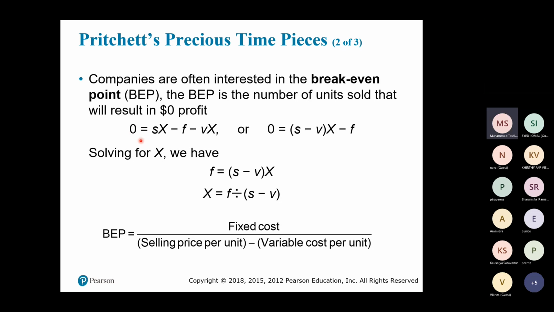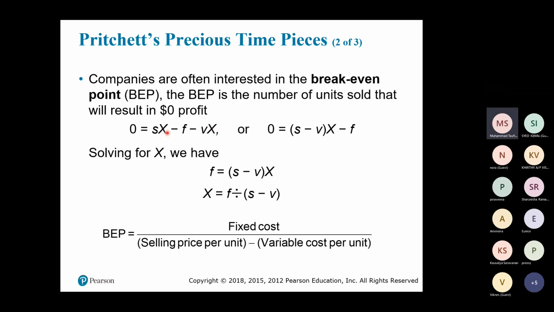So how do you represent this? You can use this equation: 0 = Sx - F - Vx, because now the profit is 0, so you just put the value of profit as 0.